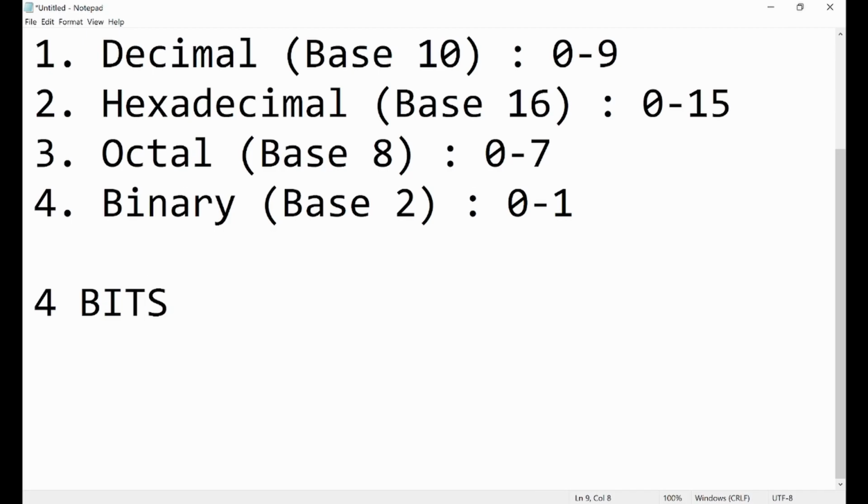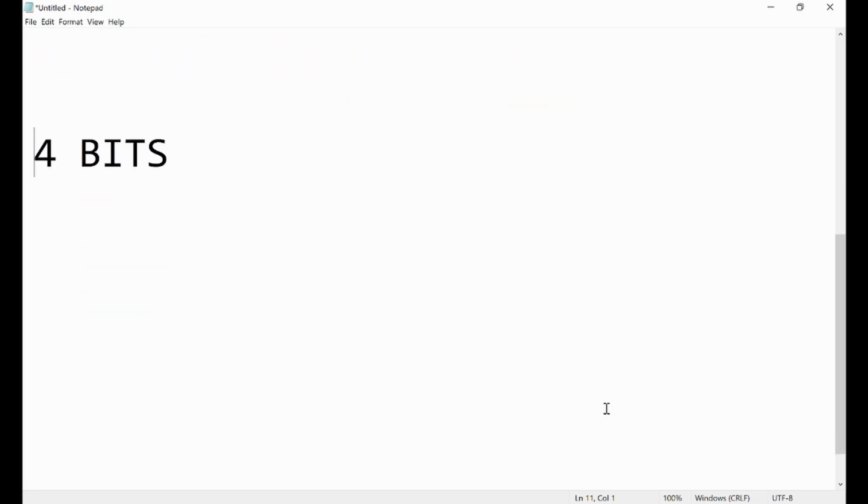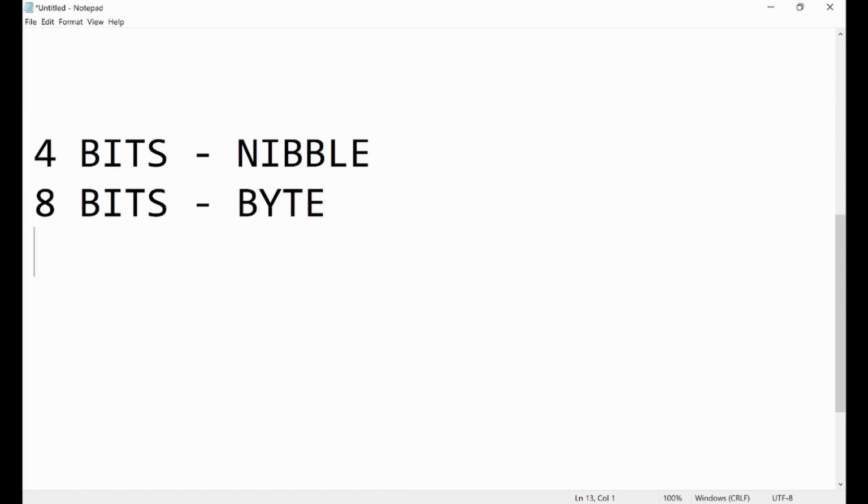Four bits. I didn't talk about it in my book. When you're advancing a little in IT, you will be operating, or you do some work, in 4 bits. 4 bits is called a nibble in IT. 8 bits is called a byte.